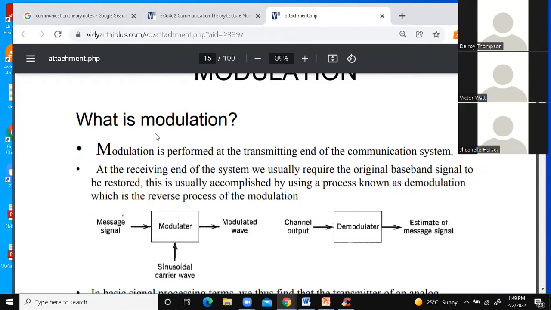Let me put it in free language. Modulation, you get the signal and you first convert that signal to a different signal so you can transmit it. So you have an easier signal to transmit. Right?